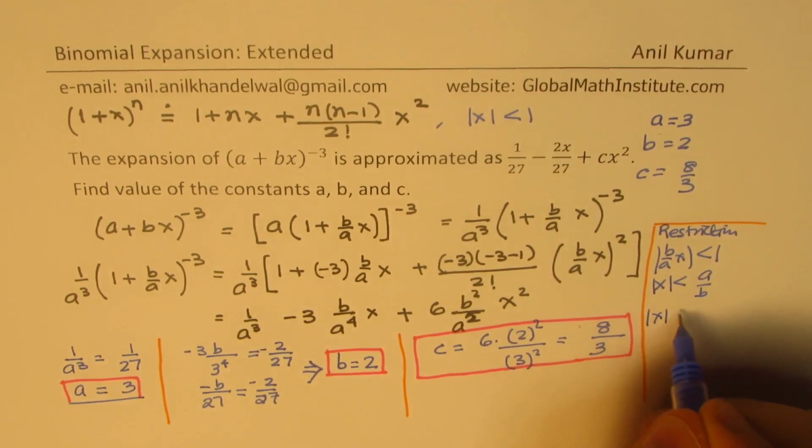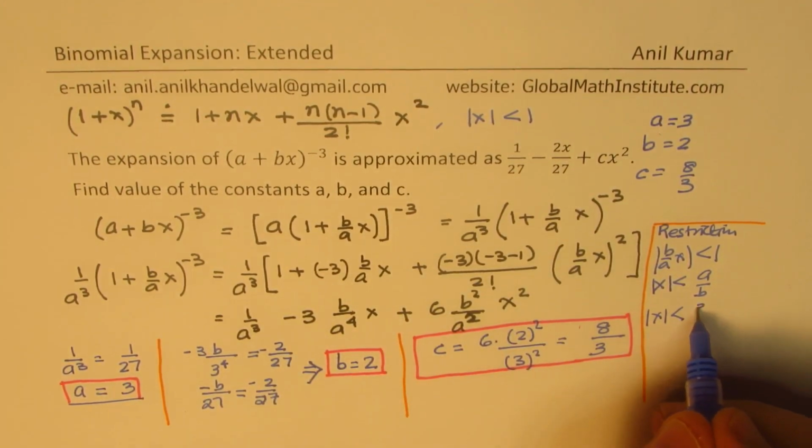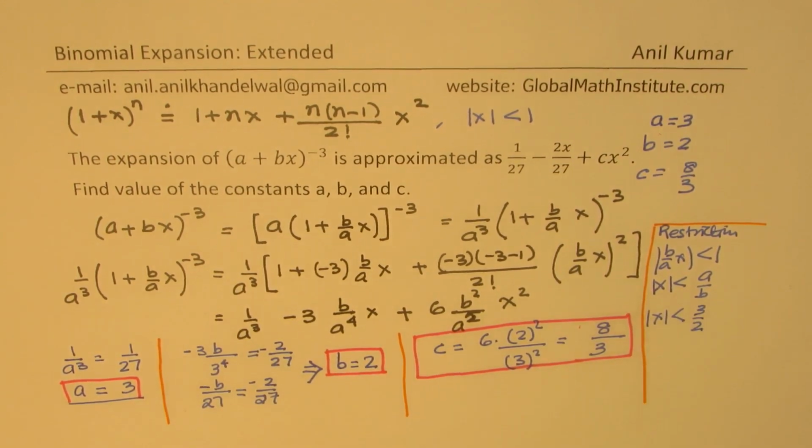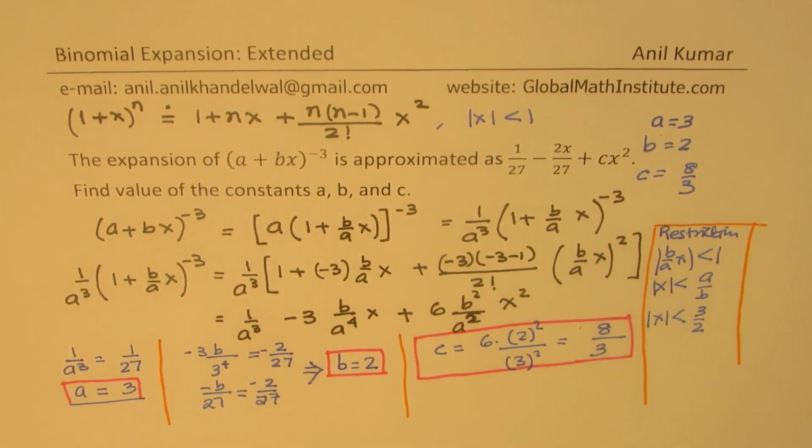So the absolute value of x should be less than, a is 3, b is 2, 3 over 2. So within 1.5, correct? So that becomes the restriction on the value of x for the given condition. Perfect. So these are very important things to consider when we are taking special cases of binomial expansion.